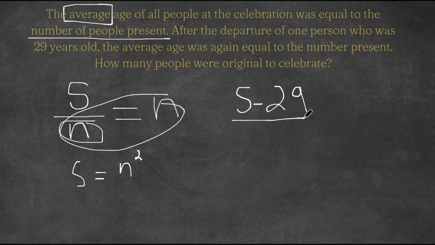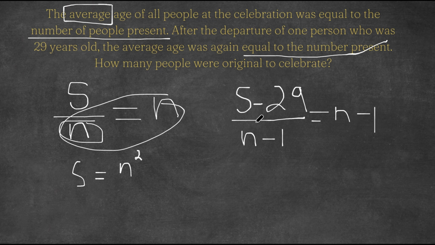And we're going to also divide this by N minus 1, because the number of people has decreased by 1. And it states that this was equal to the number present, meaning this is equal to, again, N minus 1, because that's how many people there are.